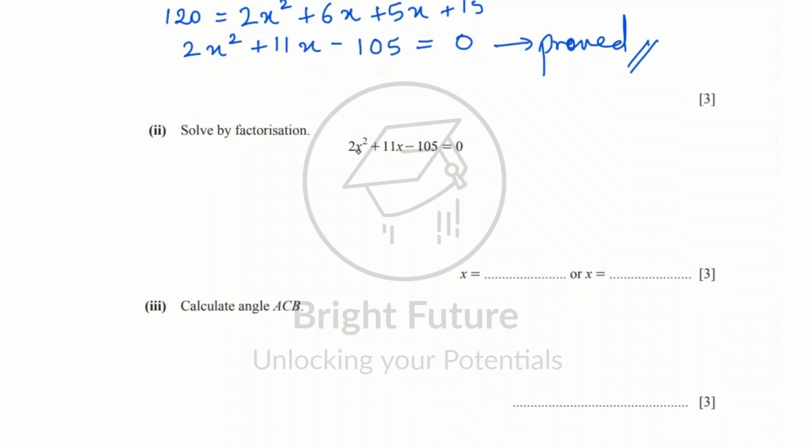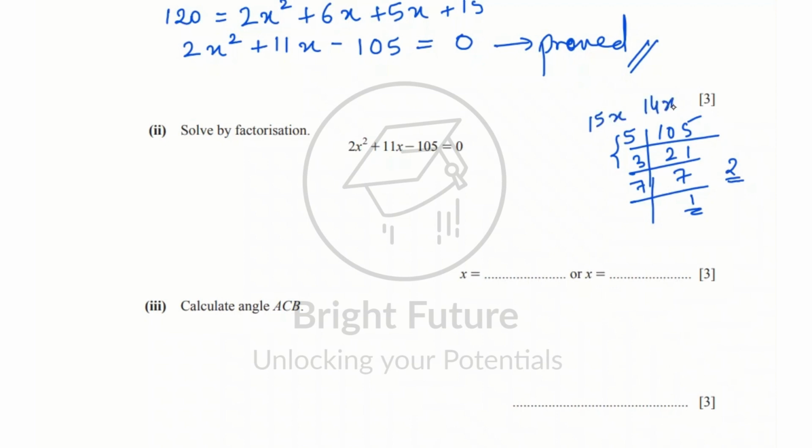Okay, now solve by factorization. So let's find out the factors of 105 and 2. 5 3s are 15, 7 3s are 21, and we have a 2. The difference of the factors should be equal to plus 11. So for that, if I take 15 and 14, I get two factors, 15x and 14x.